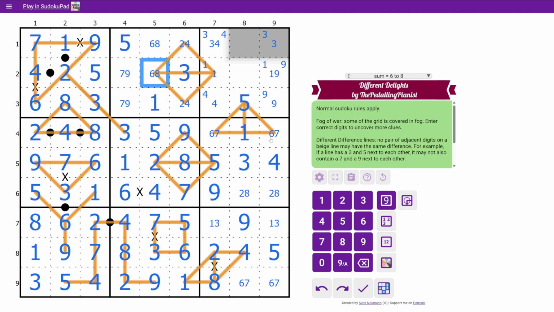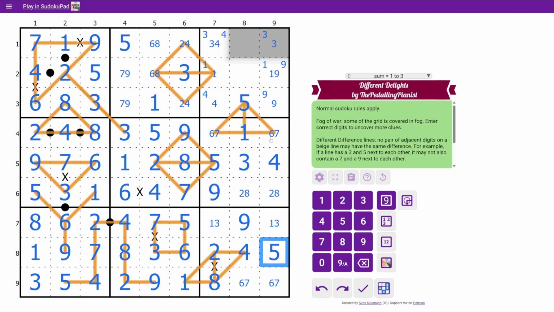If this was a 6, this could not be a 1. The difference of 4 is going to be there regardless. This just can't be a 7 at the moment. That's all I can tell at the moment from that.